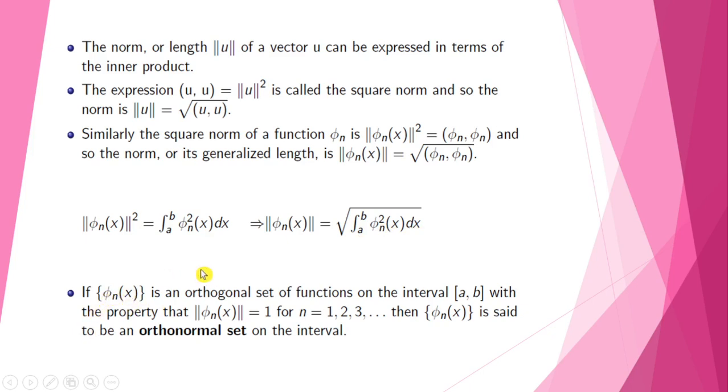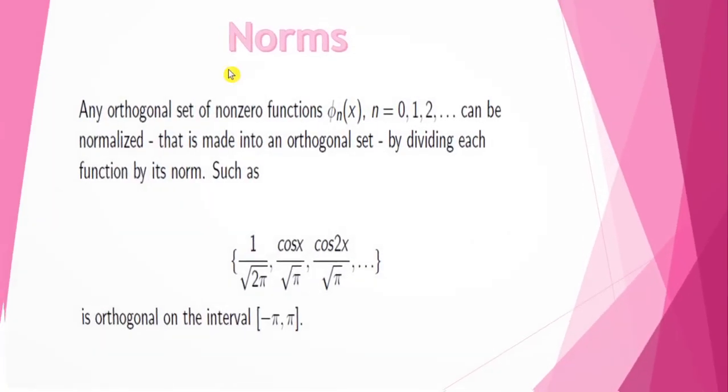If phi n of x is an orthogonal set of functions on the interval a comma b with the property that norm phi n of x is equal to 1 for n equal to 1, 2, 3 and so on, then phi n of x is said to be an orthonormal set on the interval. Here are the norms.